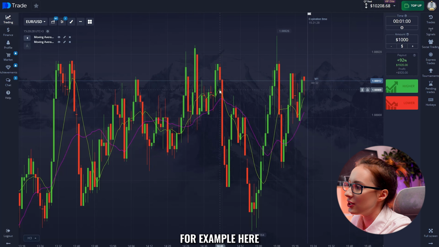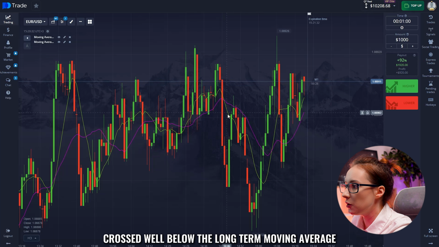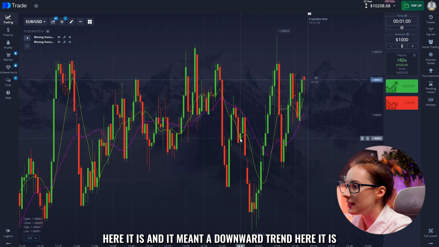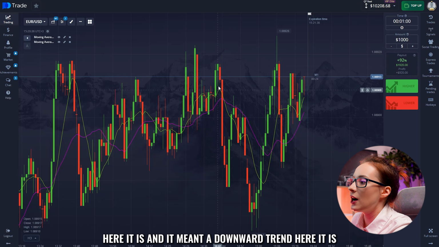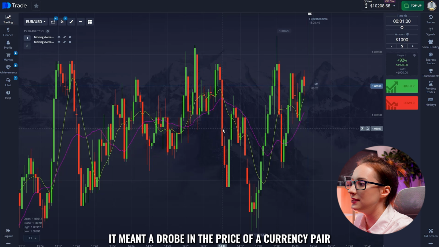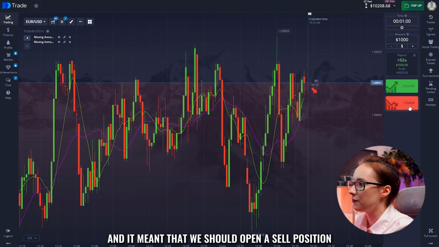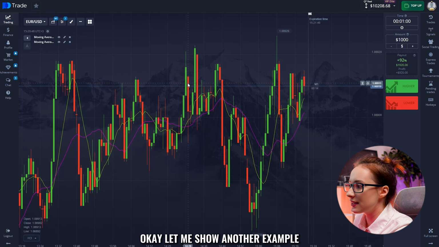For example, here my short-term moving average crossed below the long-term moving average, here it is, and it meant a downward trend, a drop in the price of a currency pair, and it meant that we should open a sell position. Okay, let me show another example.